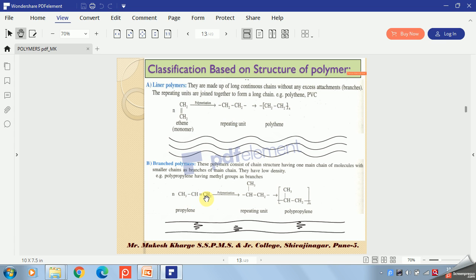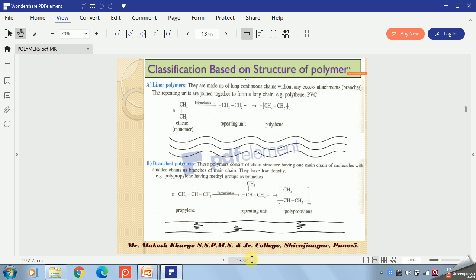The CH2 group of the first molecule combines with the CH group of the second molecule, and the repeating unit is CH3CH-CH2. So here CH3 acts as a branch and it will give polypropylene. The CH3 does not participate in the bonding, it remains as a side chain or branch. That's why this type of polymer is called a branched polymer.